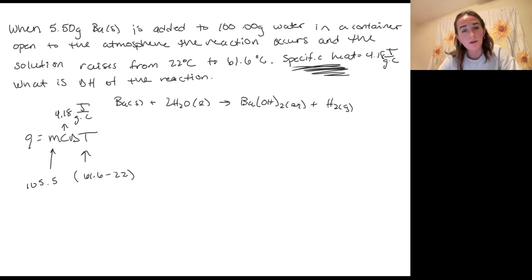Okay, and do we know Q? Now we can, right? We have everything else on the other side of the equation. We can solve for it. So what do we get for Q?